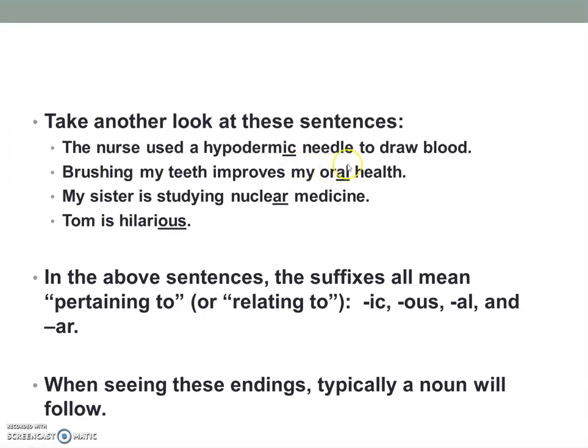Brushing my teeth improves my oral health. My sister is studying nuclear medicine. Tom is hilarious. In the above sentences, the suffixes all mean pertaining to or relating to: ic, us, al, and ous. When seeing these endings, typically a noun will follow.